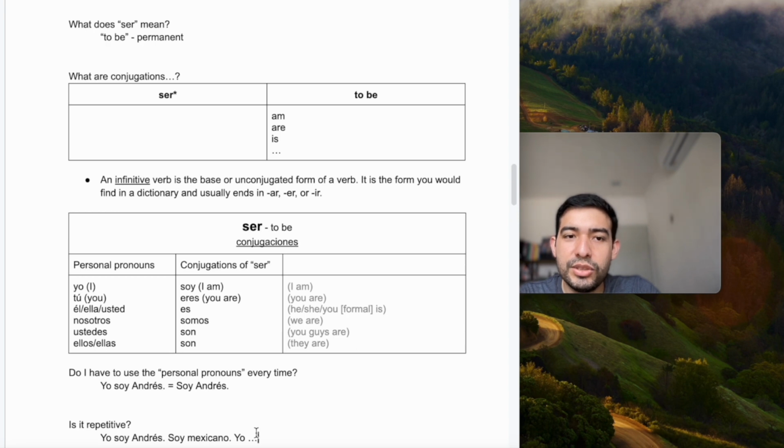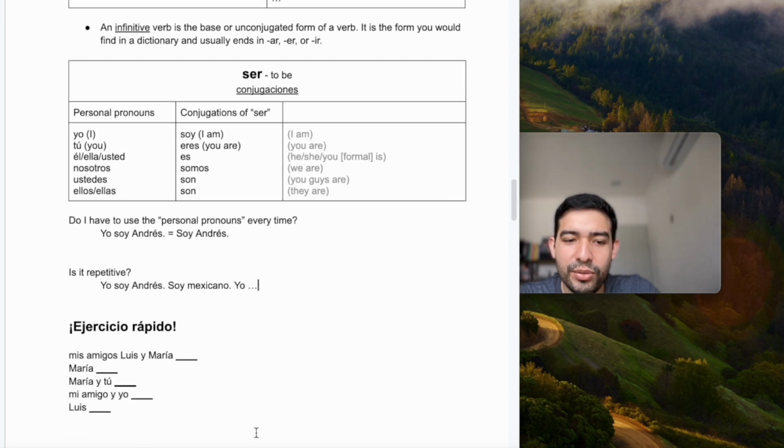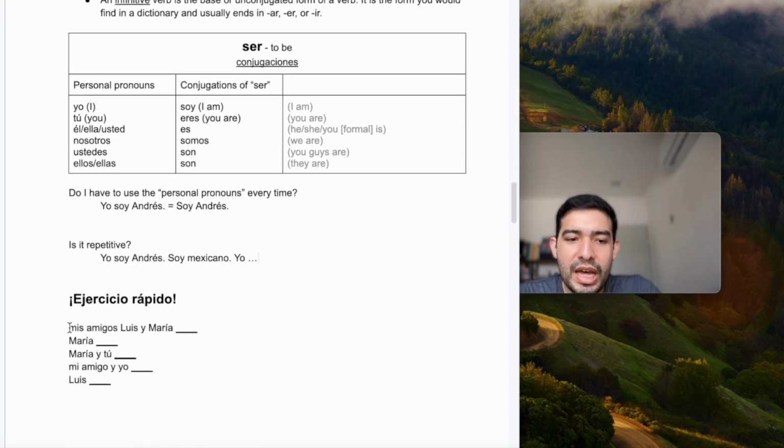So now let's do a little ejercicio rápido. We have the subject here, mis amigos Luis y María, María, María y tú. And instead of writing the personal pronoun like we did before, we will write the conjugation of ser that we should use. For example, mis amigos Luis y María, we know that's they, and because it's mixed, we would use ellos.